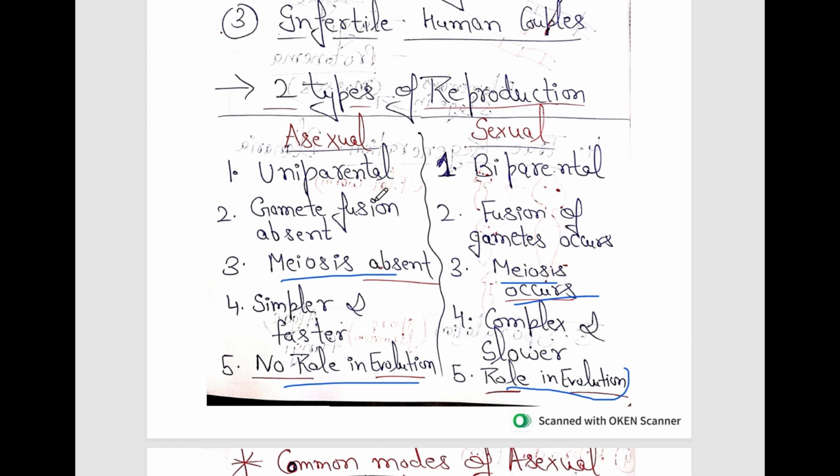Asexual reproduction is the formation of a new individual from specialized or unspecialized parts of a single parent, without the formation and fusion of gametes. So gamete fusion is absent here. In sexual reproduction, fusion of gametes occurs.